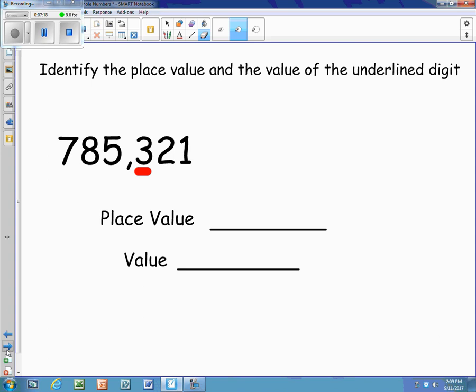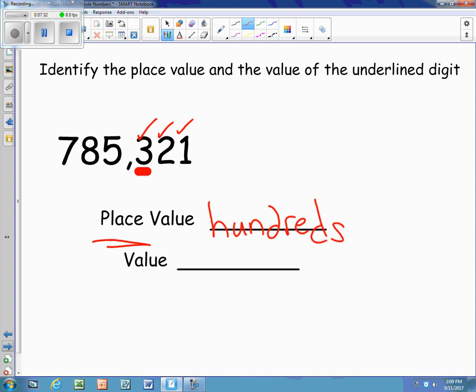So here we have an underlined digit, and we want to know what its place value is. Where is it located? So it's ones, tens, hundreds. So we write hundreds. But the value is that there's 3 of them there. It's worth 300.